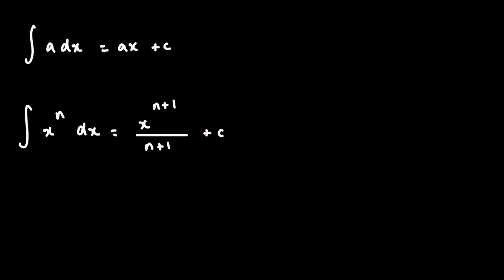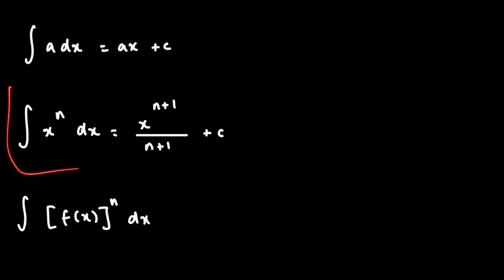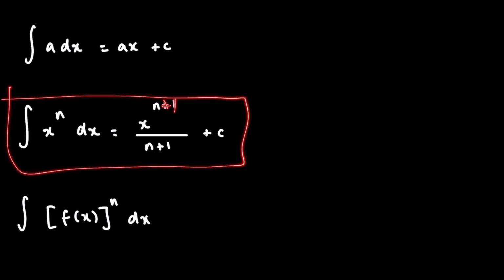Now what about an example like this, where instead of just a variable, we have a function raised to a power? Well, we could do a similar thing to the previous example, where we just add 1 to the power and divide by the new power.